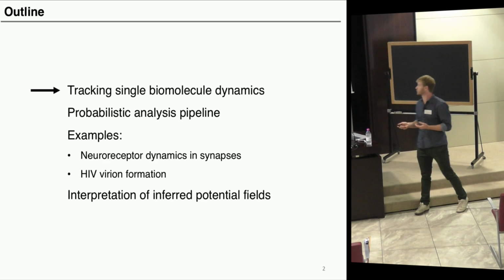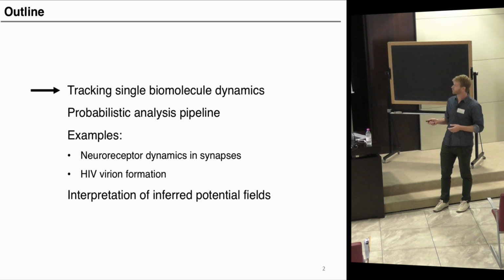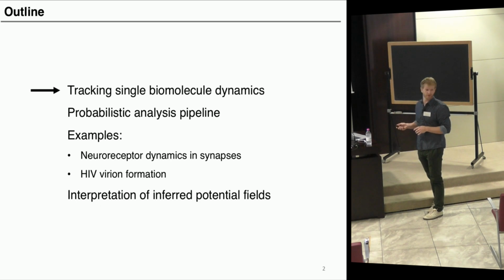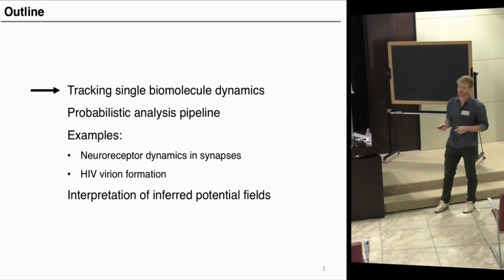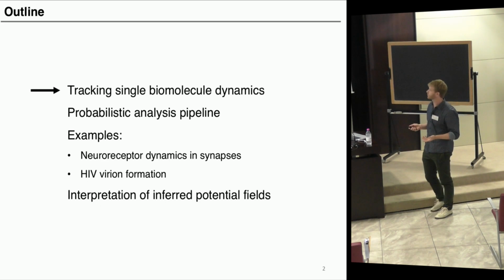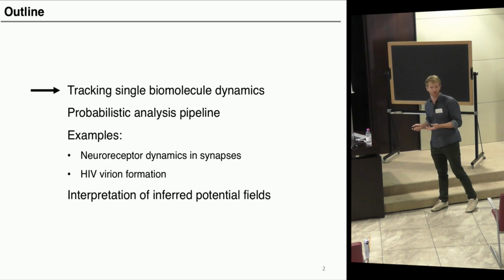So just to give a quick outline. I'll try to go over this quickly, because this was already presented probably much better than I can by David and by Pierre: the different questions in tracking single biomolecule dynamics. I'm going to present analysis pipelines. This is what we're working on.